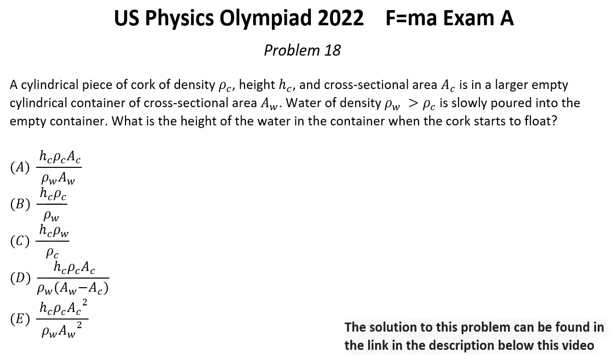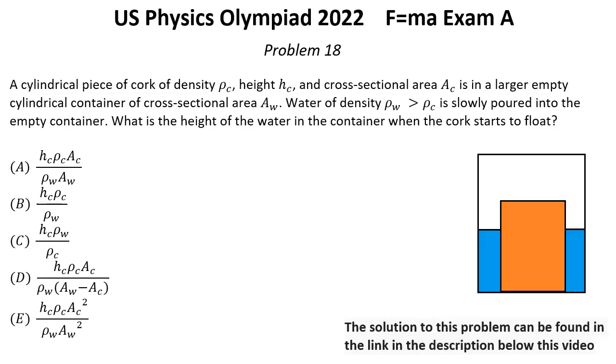First, let's draw the picture. On the picture we have a container with a piece of cork and water where the cork just starts to float. According to Archimedes' principle, the weight of the water displaced has to equal the weight of the cork for the cork to start floating.